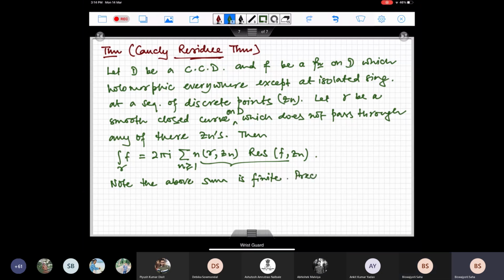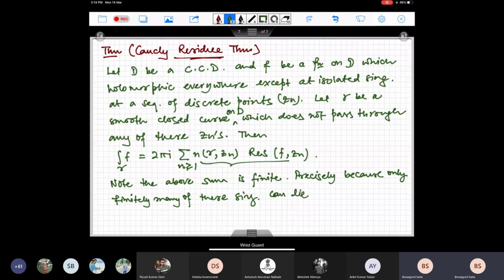Precisely because only finitely many of these singularities can lie on the bounded connected components of C minus gamma.